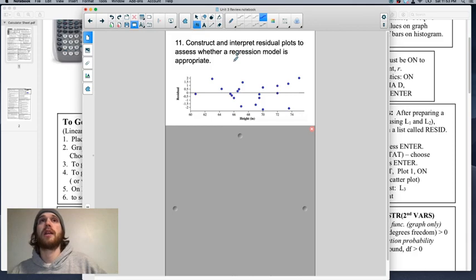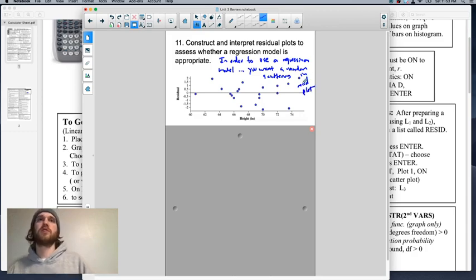So to determine whether or not a regression model is appropriate, in order to use a regression, and this is linear or nonlinear regression, whatever, in order to use a regression model, you would want a random scattering in a residual plot.